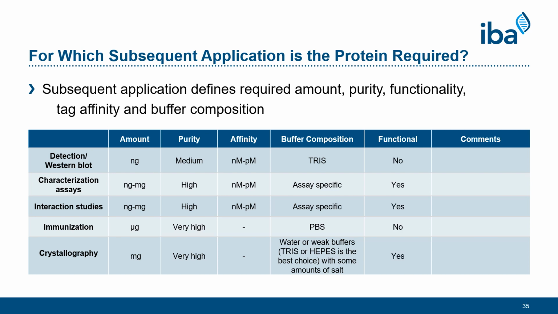And a functional or active target protein is necessary for structural analysis, characterization assays, and interaction studies. And you should keep in mind that for immunization and crystallography, large tags often have to be removed.